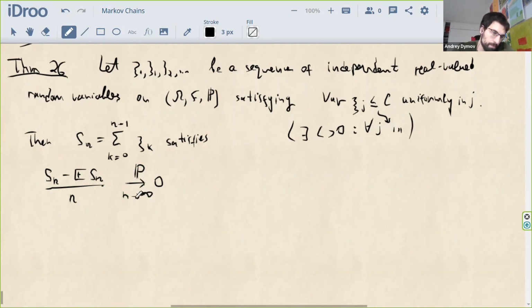So what does it mean? To make the meaning of this assertion more clear, let me consider an example. In particular, in my example, I assume that all psi j are identically distributed.